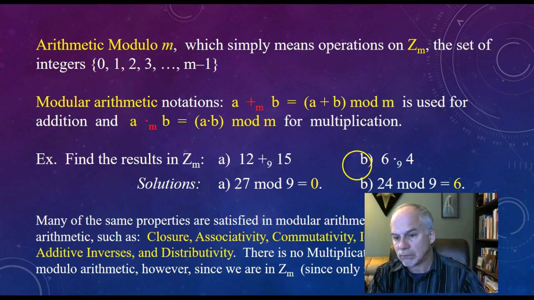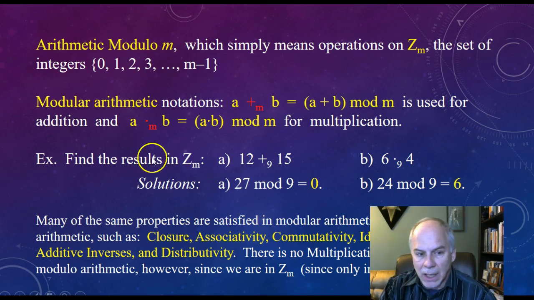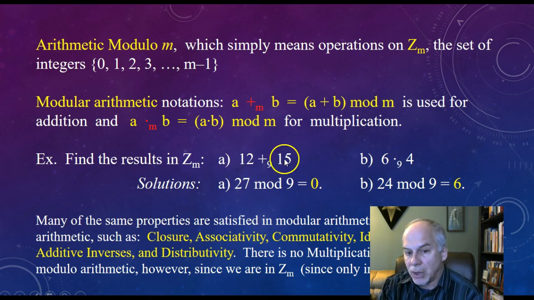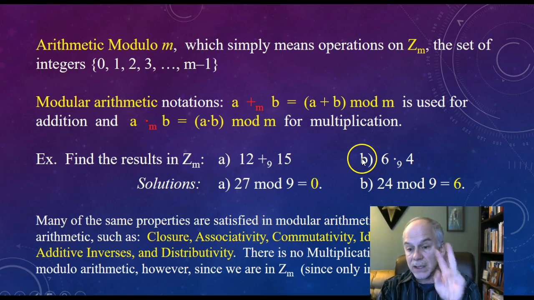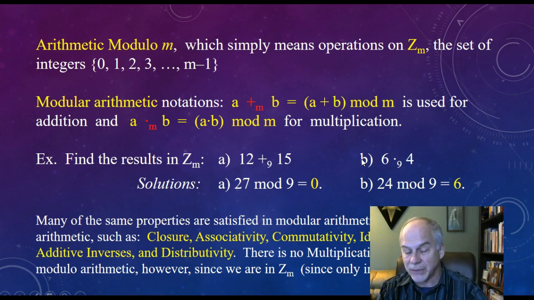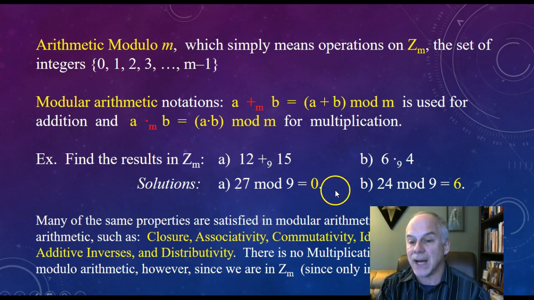Okay, so for example, here's 12 plus, using mod 9, 15. Well, add 12 and 15, you get 27. And then if you divide 27 by 9, what's the remainder? Well, the remainder is 0. So 12 plus 15, using mod 9 arithmetic, is 0. Did you know 12 plus 15 is 0? Well, in mod 9, it is.